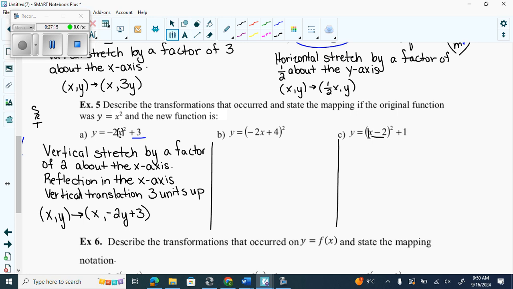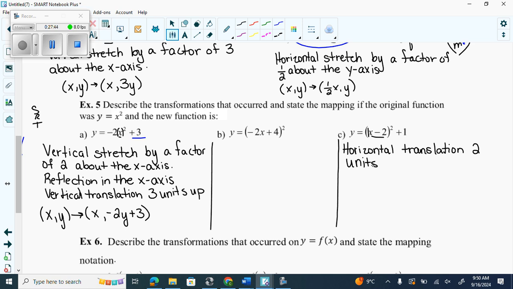So we'll talk about this one right now because it has a 1 in front. This affects my x, correct? So it's going to be a horizontal translation. Two units, and then people sometimes get stuck. Remember this. I'm going from equation to words. We agree? And for x's, when I go from equation to words, it flips. Correct?